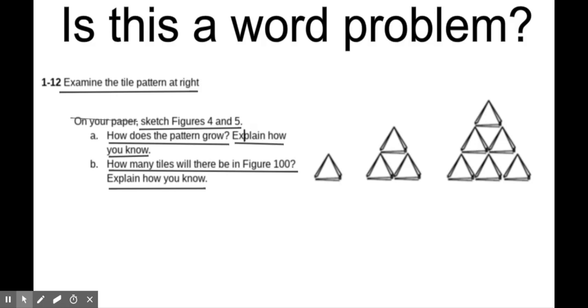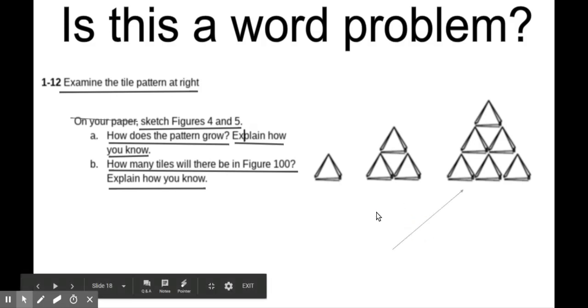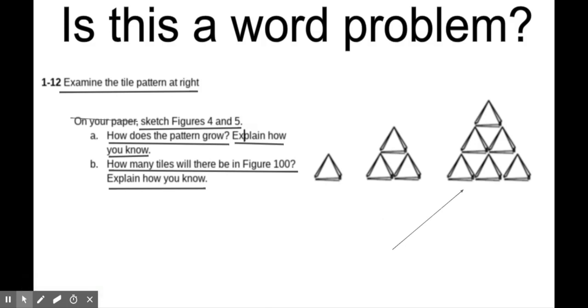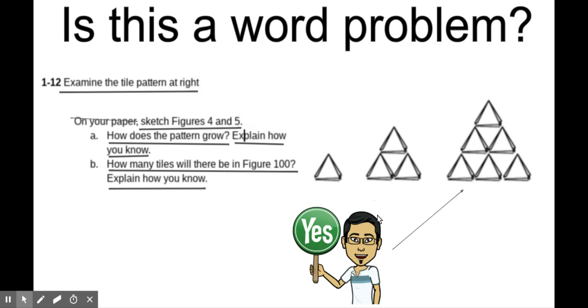But what we really need to know to solve this problem is, you guessed it, the tile pattern. So in fact, the fact that you need to solve this problem is the diagram. Because in order to figure out what figures 4 and 5 look like, we need to figure out what we already know about figures 1, 2, and 3.